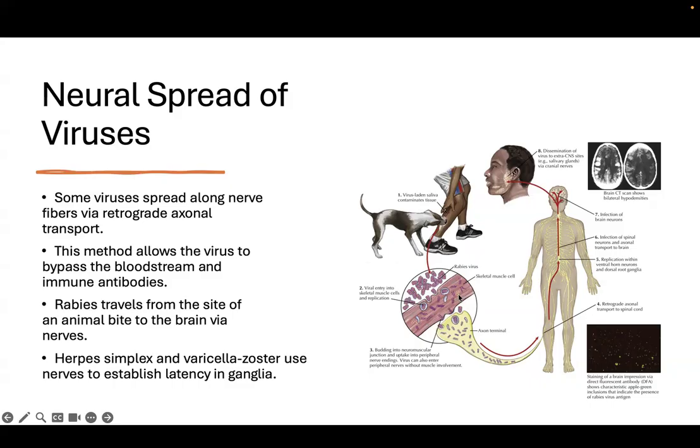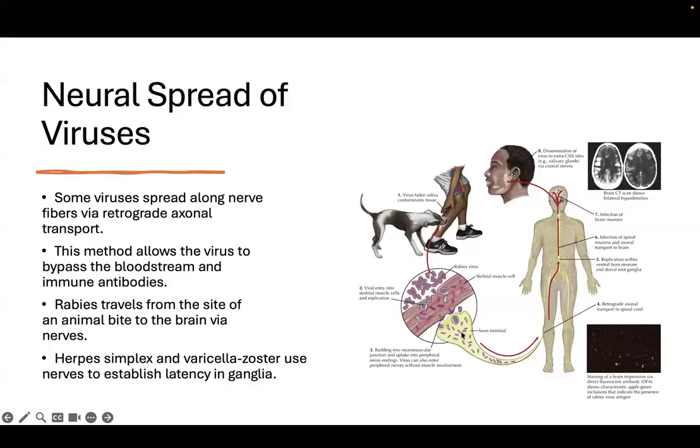And in the muscle, as we know, a lot of muscles have these neuromuscular junctions, where you have a muscle here, and then you have a motor neuron. And what's going to happen is that your rabies virus is going to jump straight into your neurons.